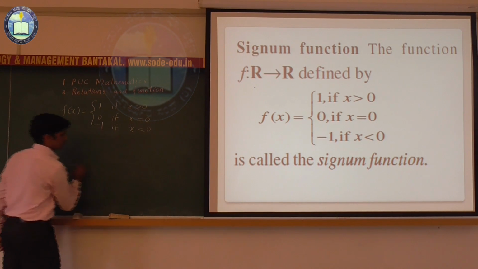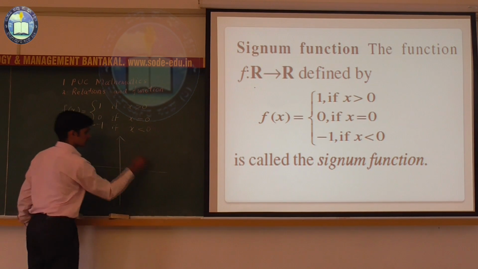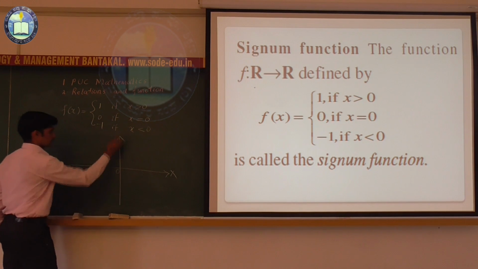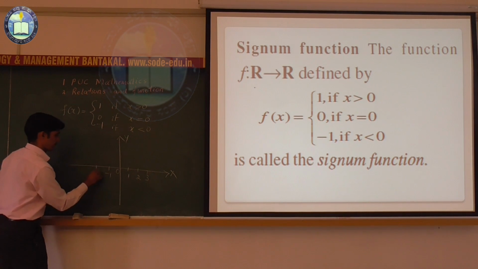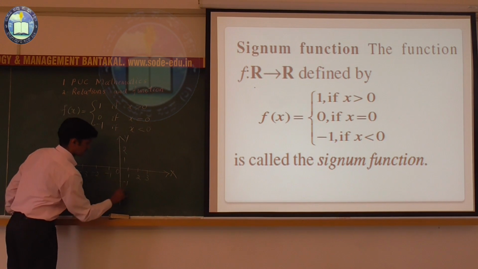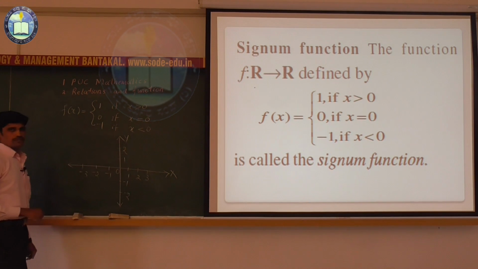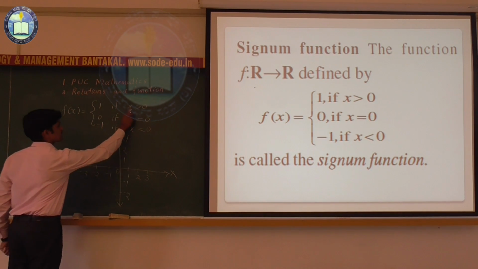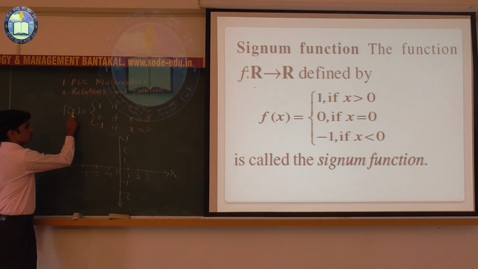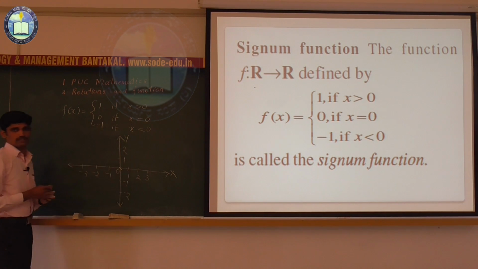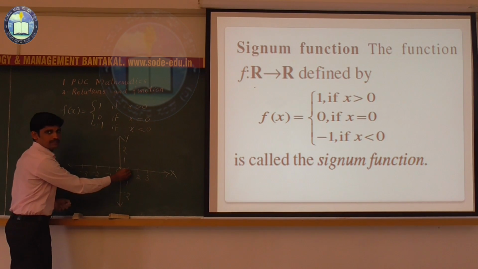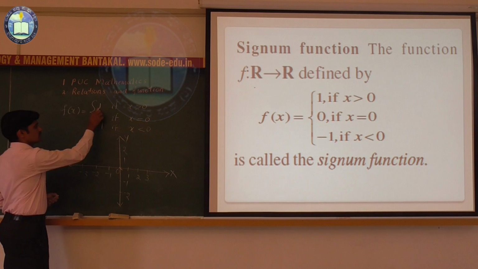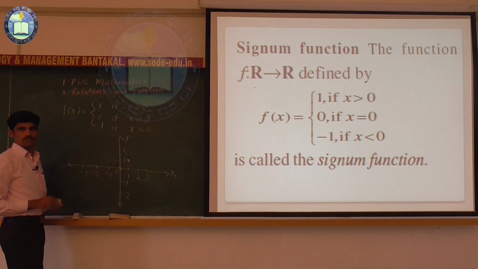Now if we plot the graph of this function, if we give x is equal to 0 here, when x is equal to 0, the value of the function f of 0 is equal to 0. So this is the point on the graph. Next, when we give x positive, x greater than 0, say x equal to 1, f of 1 is equal to 1. This is the point on the graph.